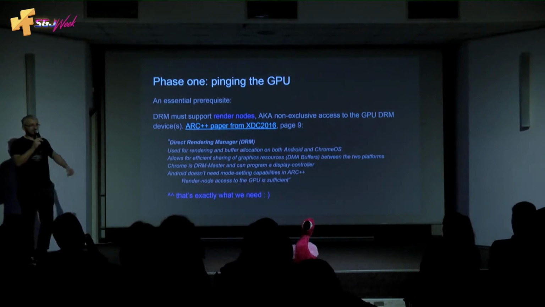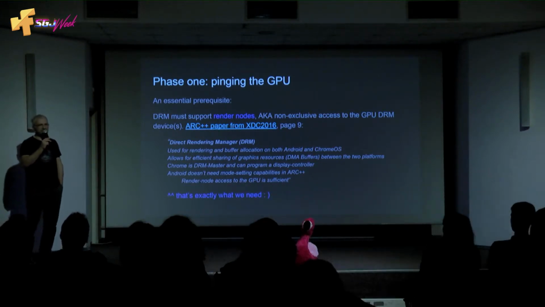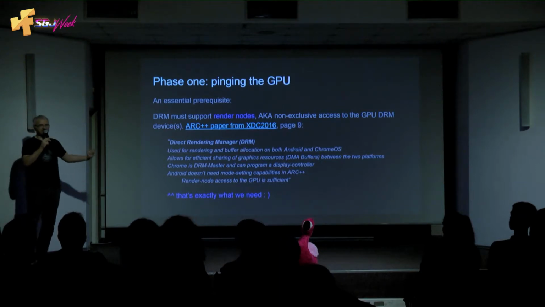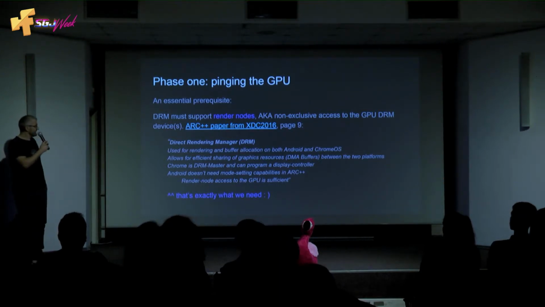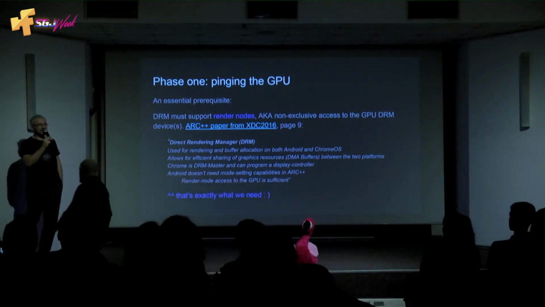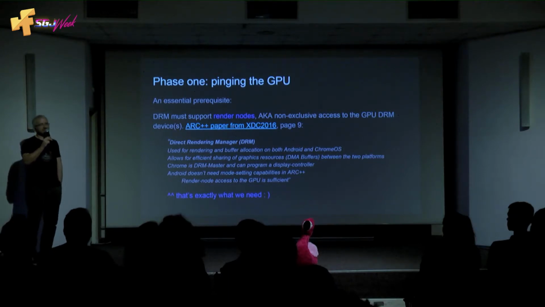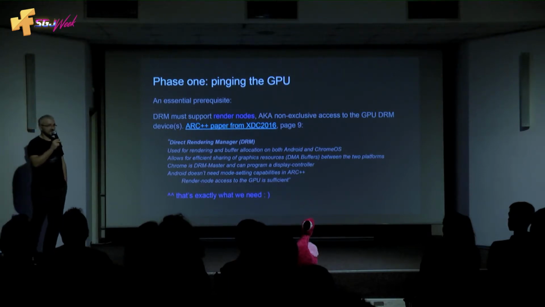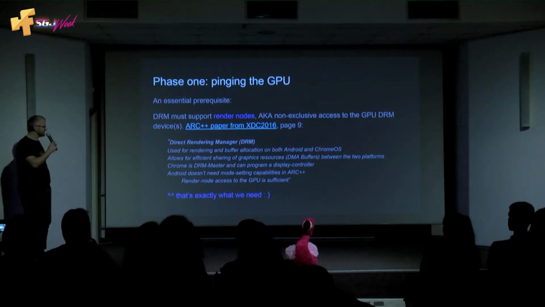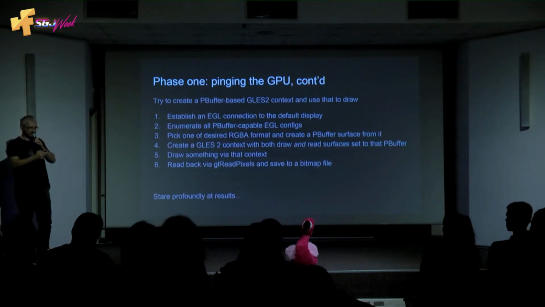And lo and behold, in that paper from XDC 2016, there is a page that basically says that Chrome, that is the browser, the main application of the operating system, is the DRM master, but any Android application is not a DRM master, does not need to be a DRM master because it uses render nodes. And this is exactly what we need to do to get results on this operating system. So, hey, we have a chance to get OpenGL running here.